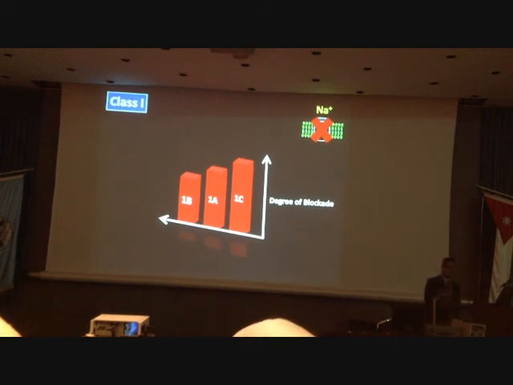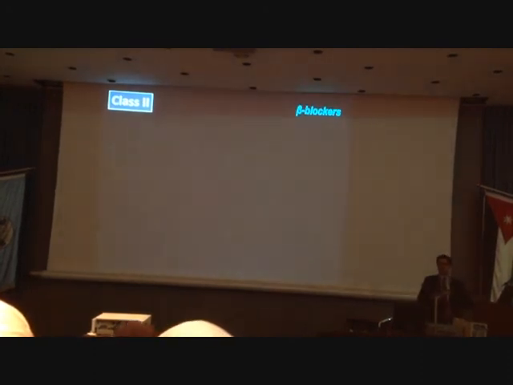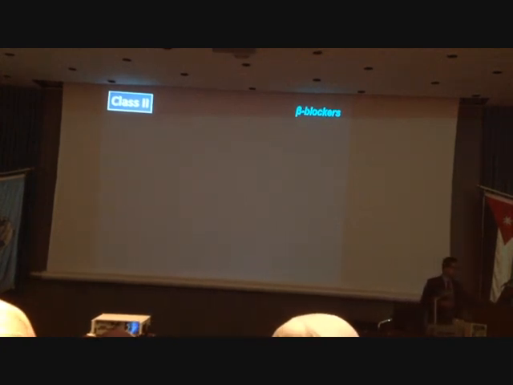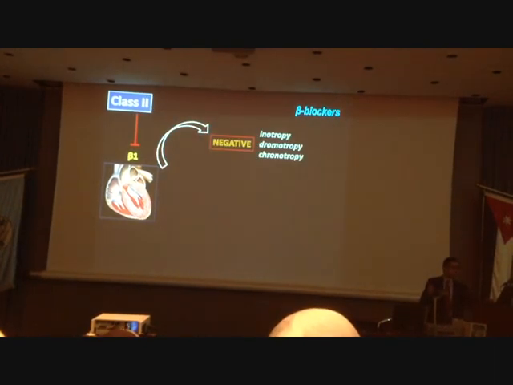Now, we said class 2 are what? Beta blockers. And if we just go back to the basics we discussed last term, we said that beta blockers inhibit particularly the beta 1 receptor within the heart, and they could have negative inotropy, which means what?